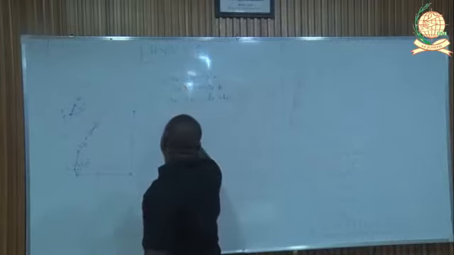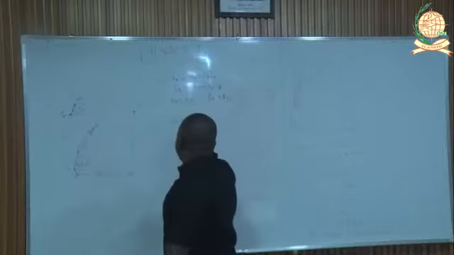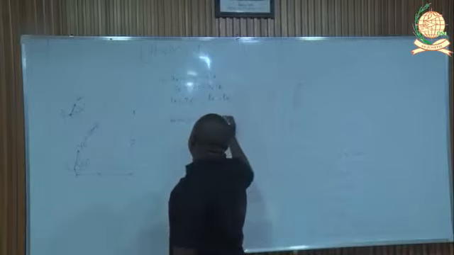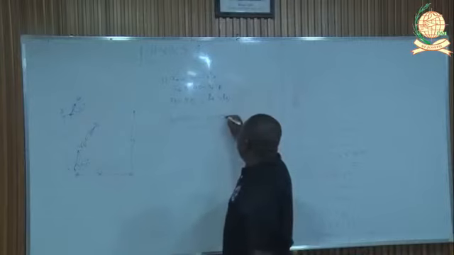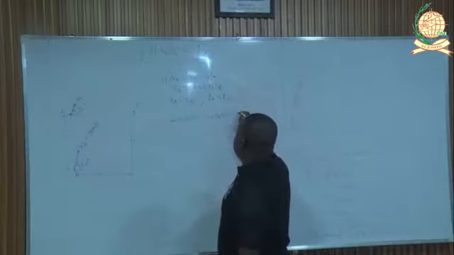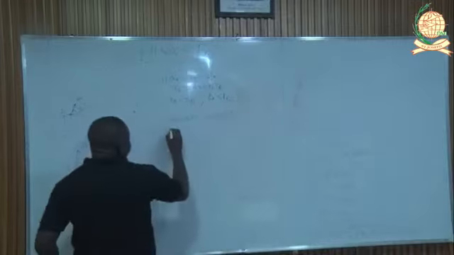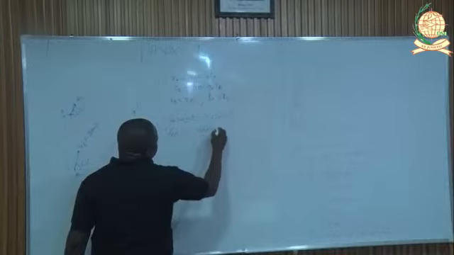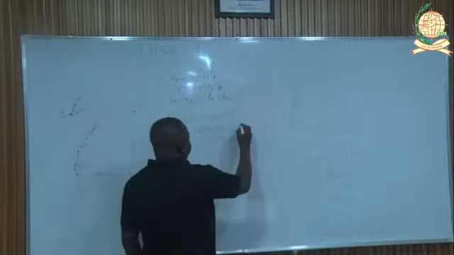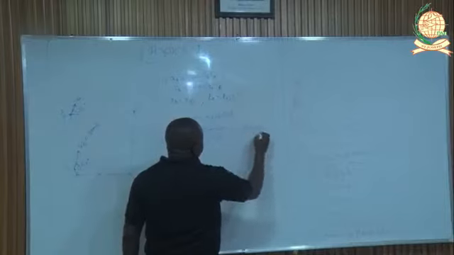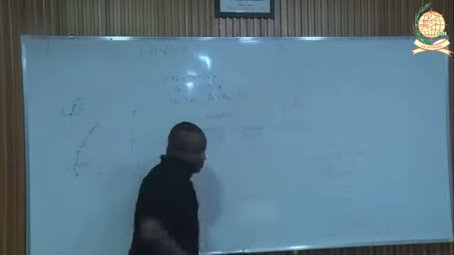V naught A cosine of angle theta A, which is 30, equals V naught B times cosine of angle theta B, which is 60, times T, of course. T will cancel out. Then V naught A will be equal to V naught B cosine of 60 divided by cosine of 30, of which V naught B is given 30 meter per second, cosine of 60 over cosine of 30.